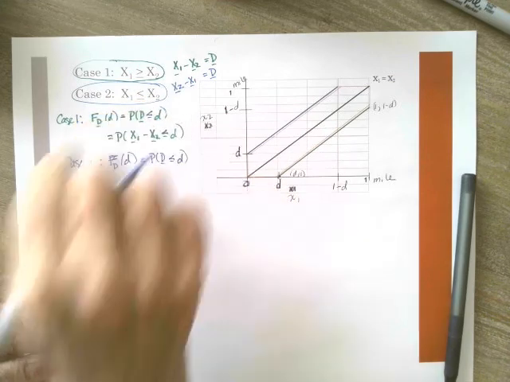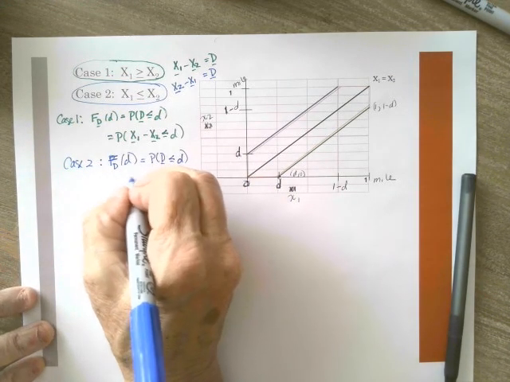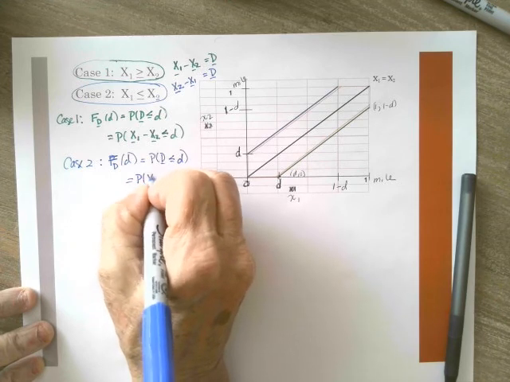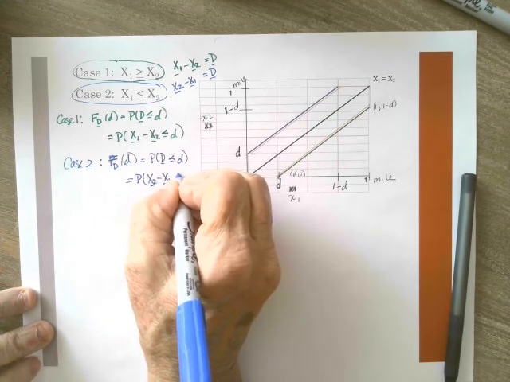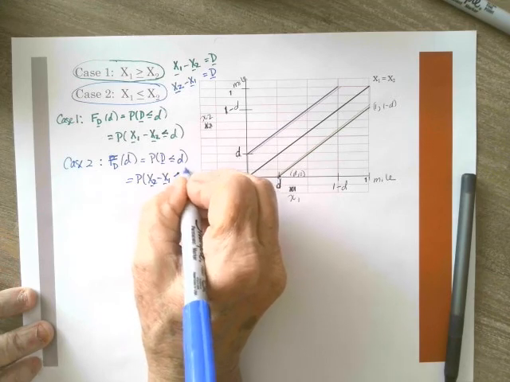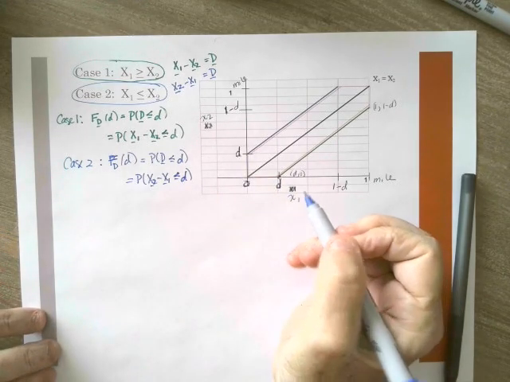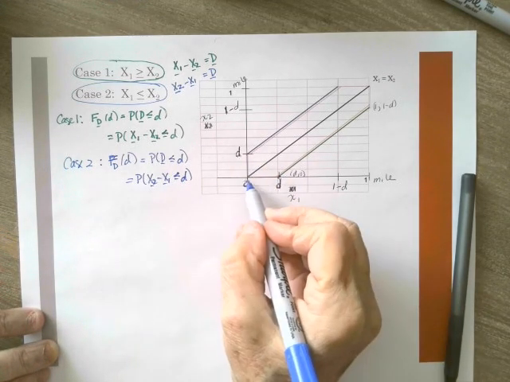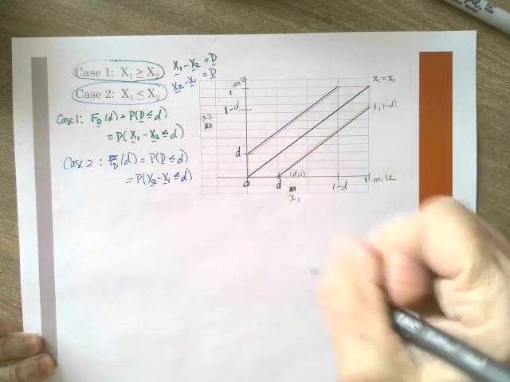I need both of these cases. In other words, I need both of them. And so this is going to be the probability now that x2 minus x1 is less than or equal to this little value of d, and then we can get 2 points and then draw the line there. So for example, if x1 is 0 here, then x2 is d, so that represents this point right here.